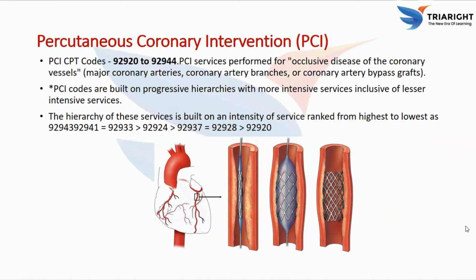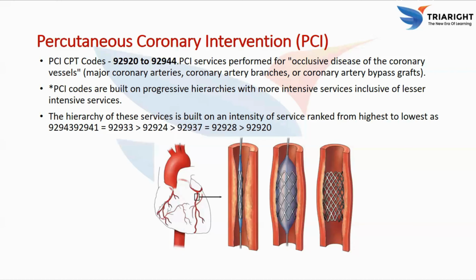PCI is used for occlusive disease of coronary vessels, major coronary arteries, coronary artery branches, and coronary artery bypass grafts. The PCI CPT code ranges are 92920 to 92944. These codes are used only when an intervention is performed, but not for diagnosis alone.